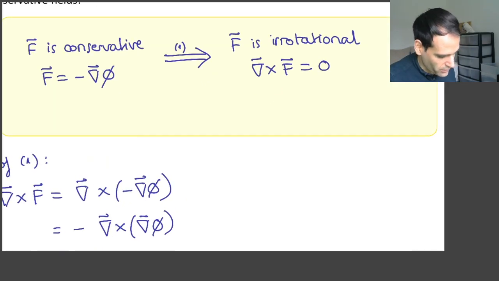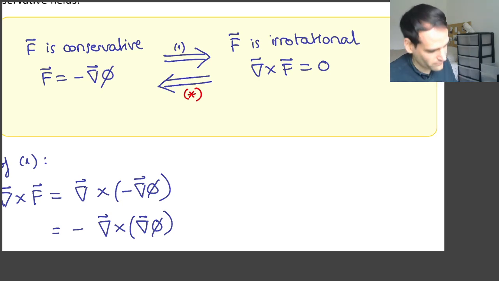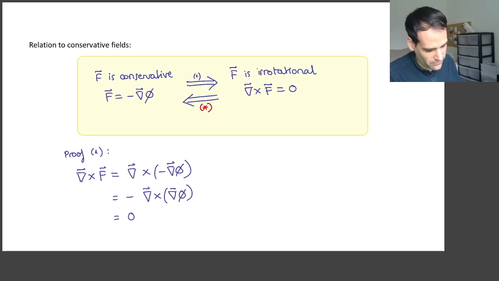Now more interesting is to consider the proof the other way around. So this is true almost always, but not always. And I'm going to put an asterisk here. So if a field is irrotational, so I give you a field whose rotational is 0, do you immediately know that this field is conservative? It depends.